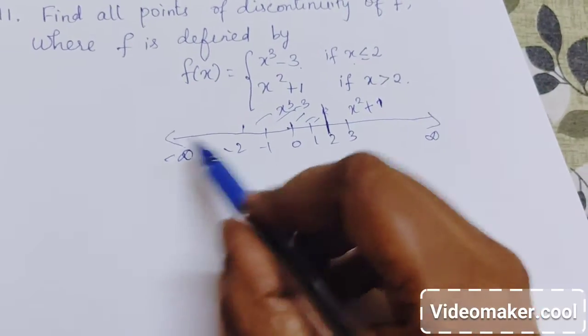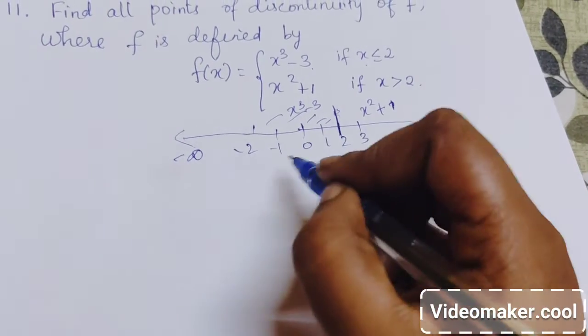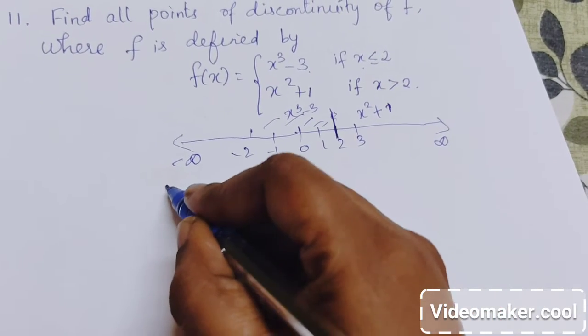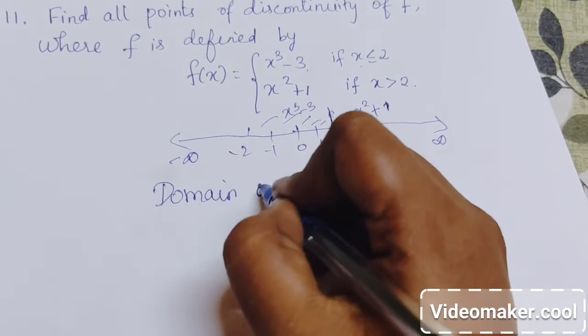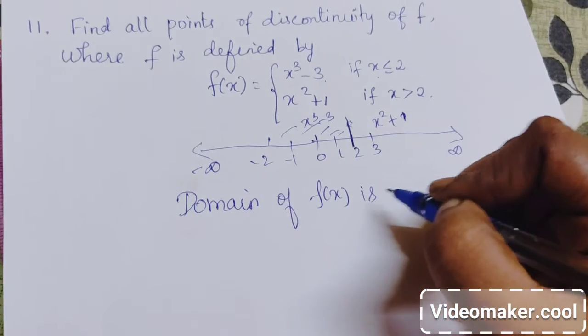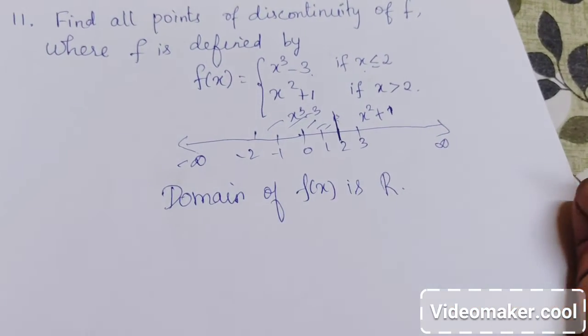And it says the function is defined for all elements of the real line. So the domain of f of x is R, the entire real line.